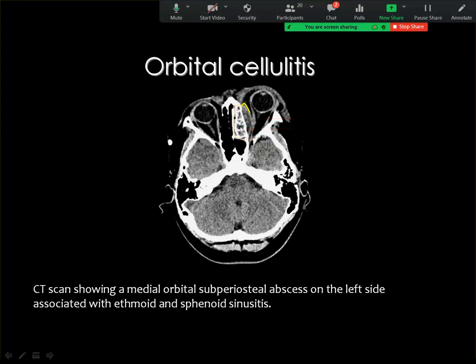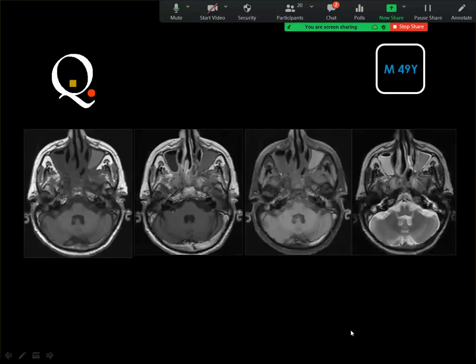There should be ethmoidal sinus involvement to diagnose orbital cellulitis. But if the ethmoids are clear, look for another diagnosis. Involvement of the ethmoid by sinusitis, then extension through the lamina papyracea into the orbit, is known as orbital cellulitis, which is quite different from endophthalmitis and panophthalmitis, where in such cases the ethmoids are not the cause.